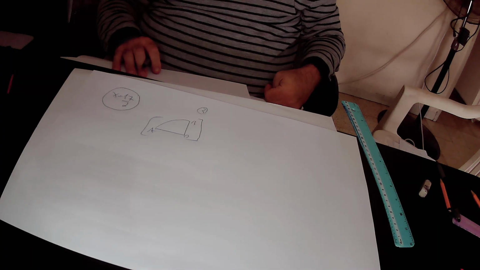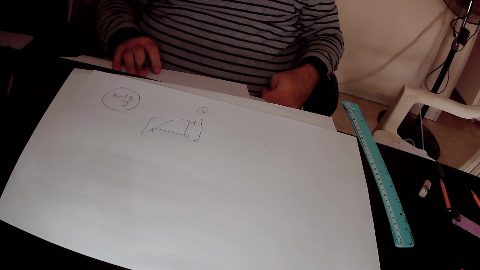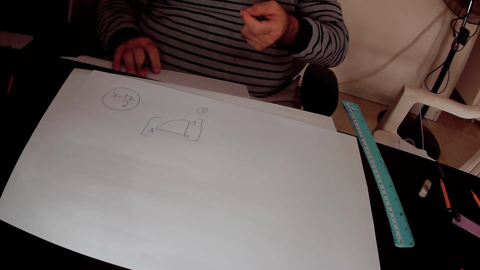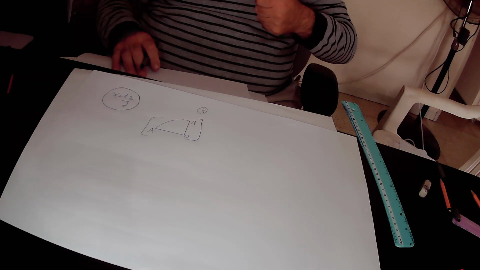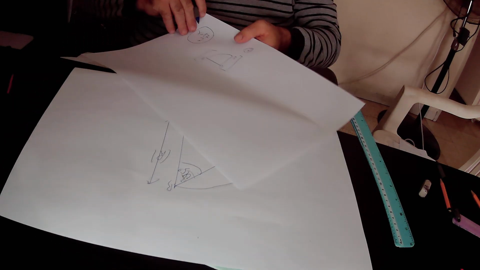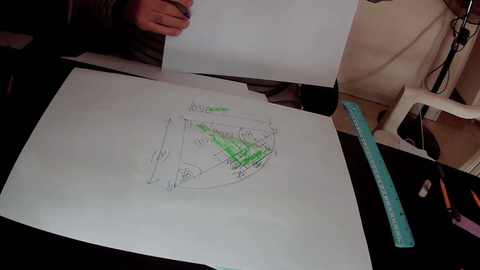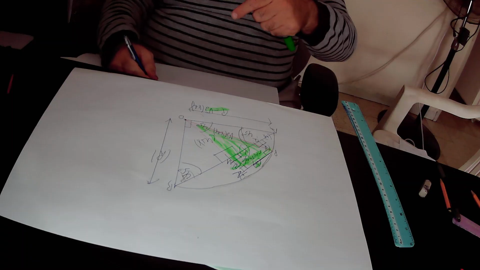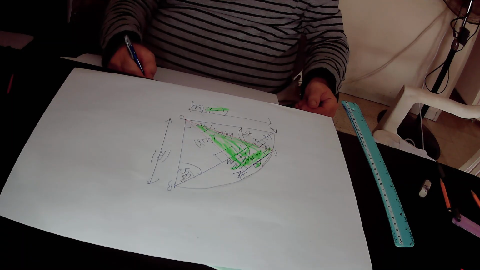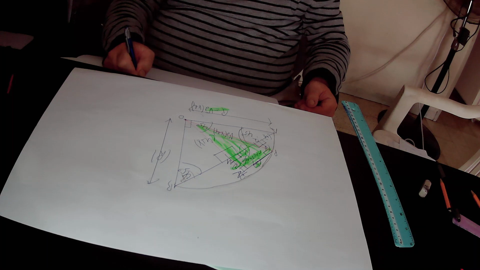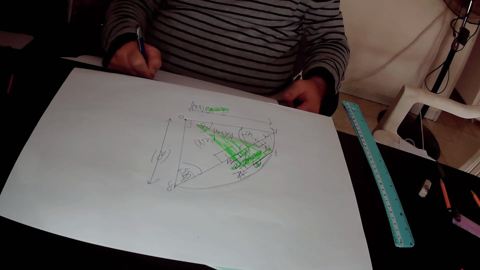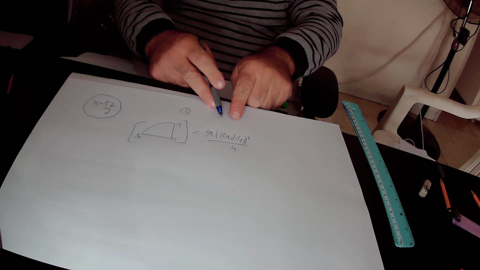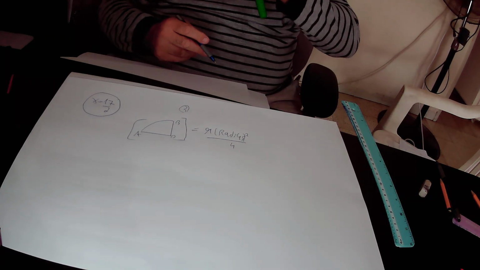The area of a circle is pi times the radius of the circle squared, and therefore the area of the quarter circle A or B must be equal to pi times the radius of the circle squared over 4, because it is 1/4 of a circle.